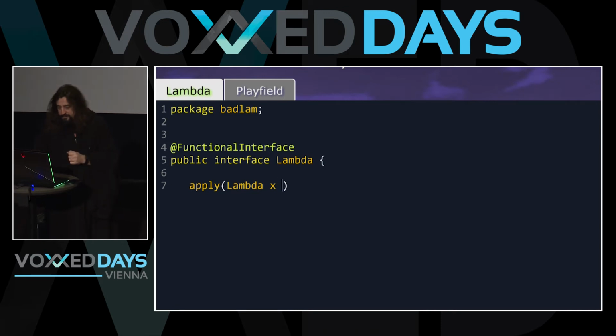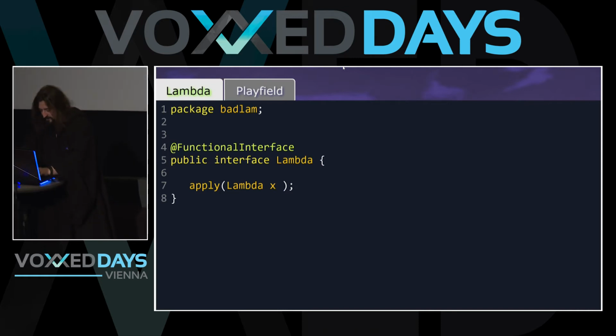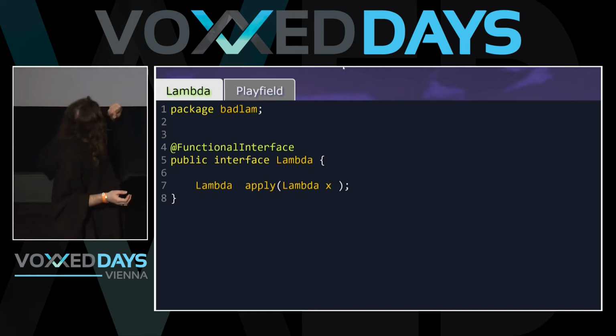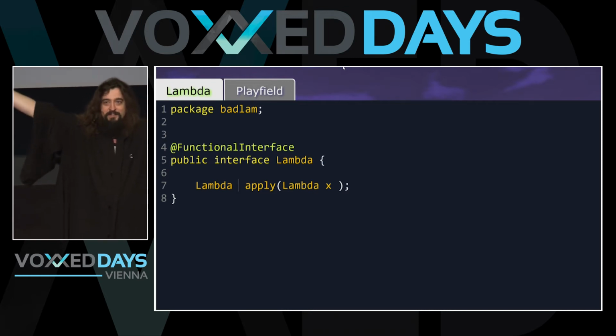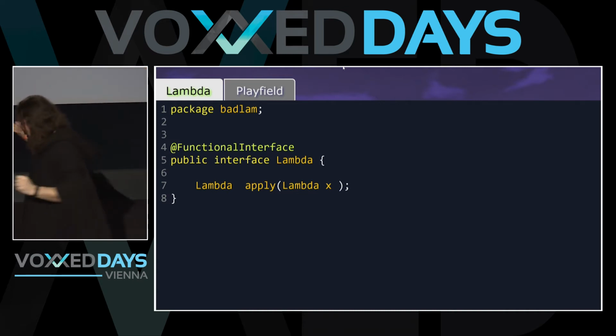It's an interface that takes some lambda and returns, exactly, a lambda. That's such a stupid interface. But that's basically how we define the fundamentals of lambda calculus in Java. It's interface Lambda with one function that takes a lambda and returns a lambda. So this is the world of lambdas. We only have lambdas, nothing more. You cannot create anything else with this interface. How cool. And we'll go with that.